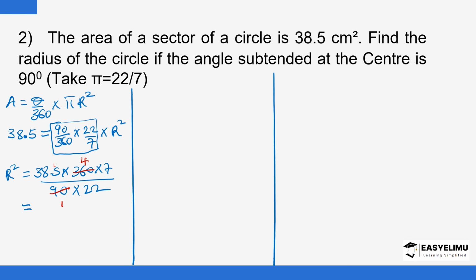I will now multiply this by 7, and then I divide by 22. So let me do 385 here. So you have 385, you multiply by 7.